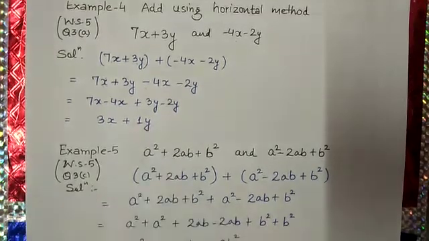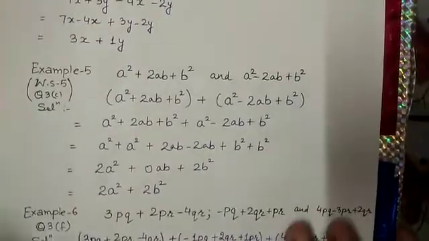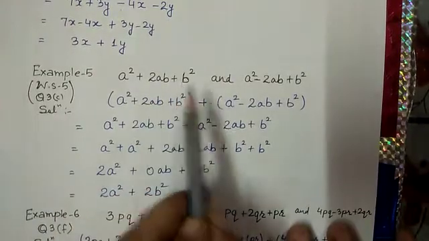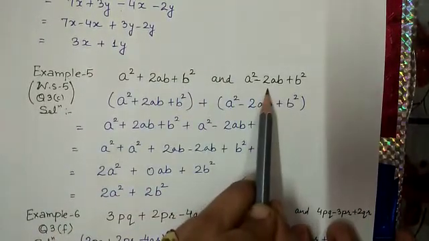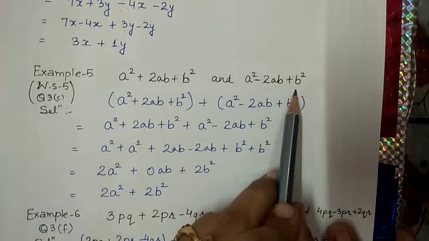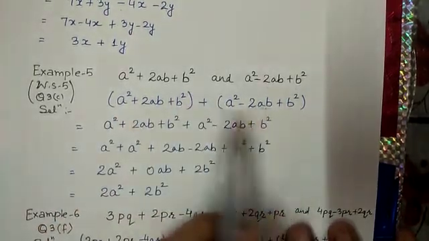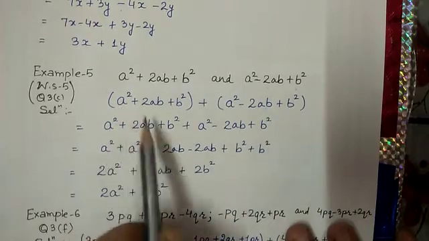Clear? Next, a square plus 2ab plus b square and a square minus 2ab plus b square. First step, add these two. Now solve the bracket.